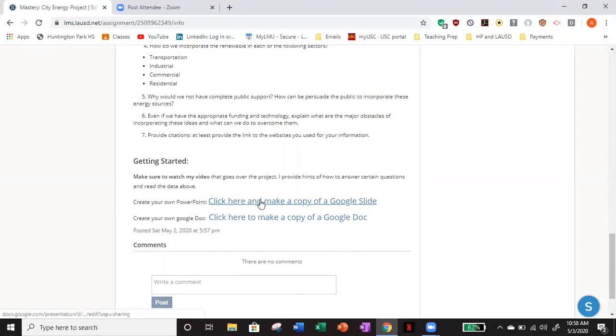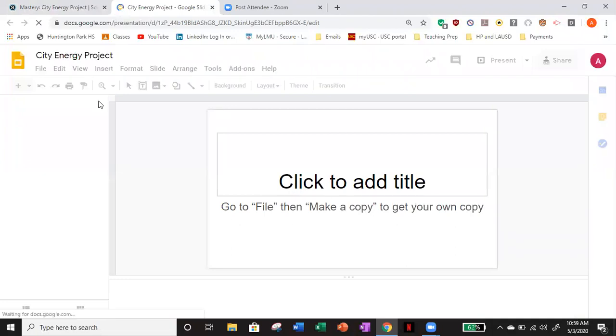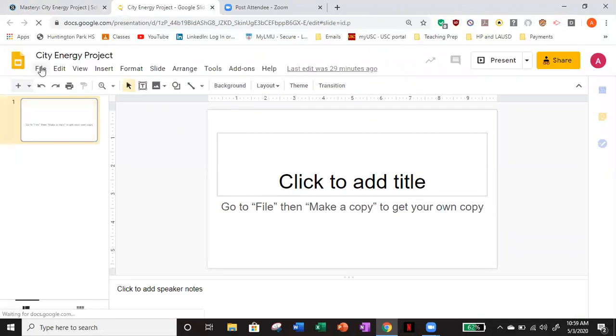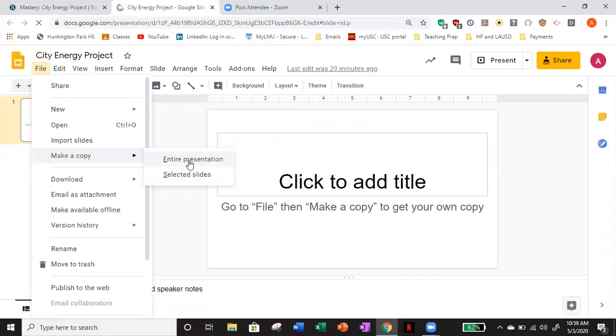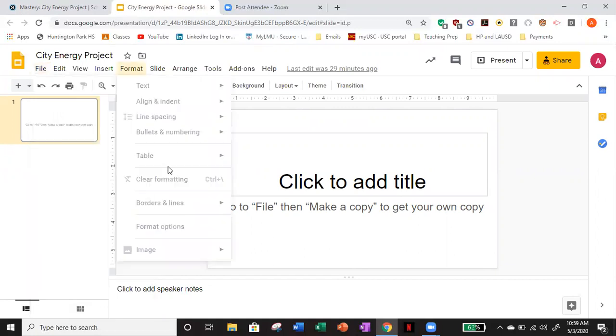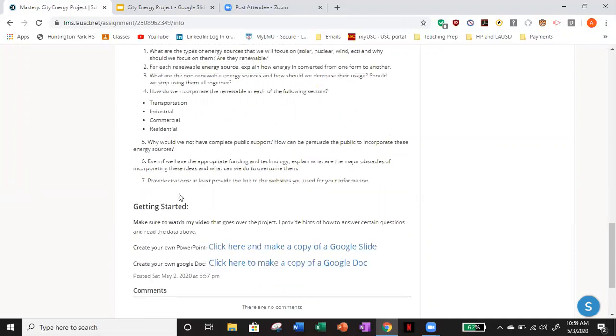You can just go here to get a blank Google Slide, and it tells you how to make a copy. Just go to File, once it loads, make a copy. It doesn't matter for this, it'll be the same thing because there's only one slide. You can make your own Google Slides and you can share it with me or submit it as a PowerPoint when you turn in this project. Same thing with Google Doc.